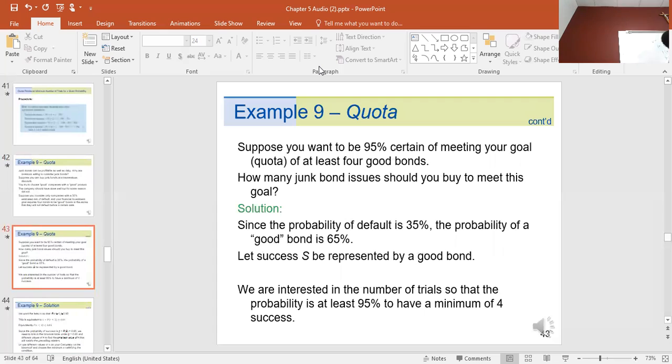So in this example, we want to find the number of junk balls that should be brought if we know that the probability of success is 65%, and we want to be 95% confident to get at least 4 good ones. So junk balls are balls that, let's think about junk cars.